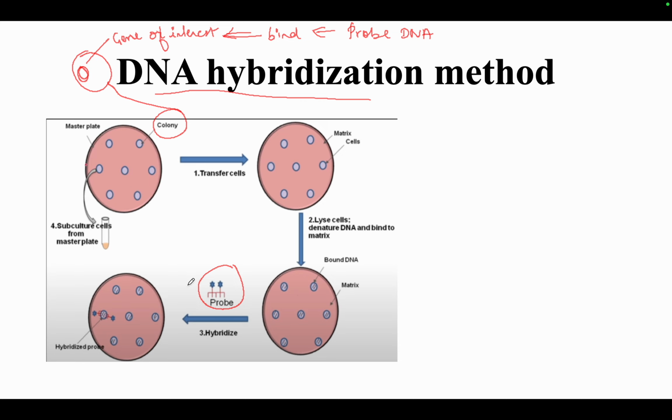Because it has a probe, which could be either a fluorescently labeled probe or a chromophore. So we have a DNA sequence that is complementary to the gene of interest. It is very important. It will bind complementarily.